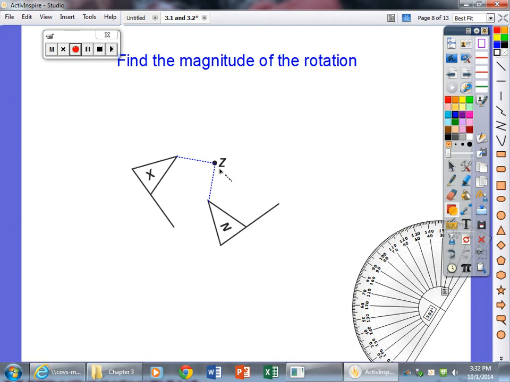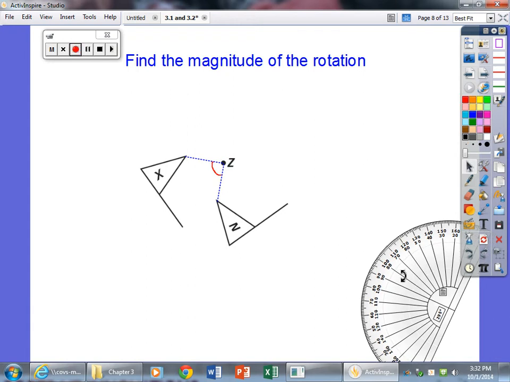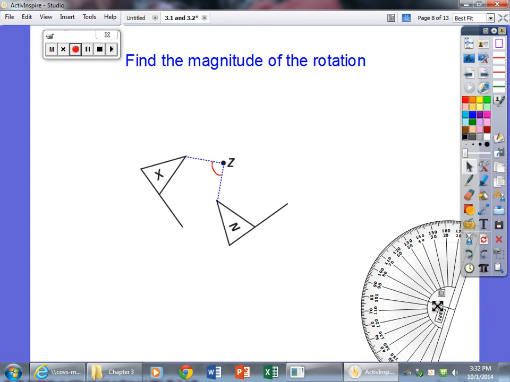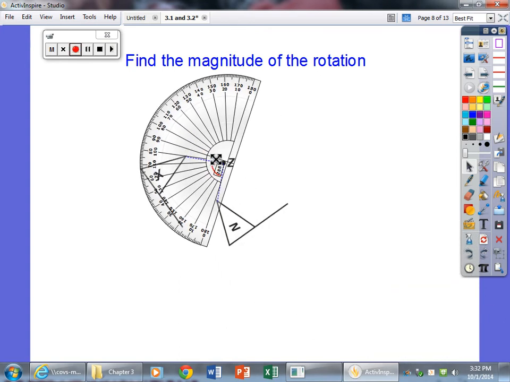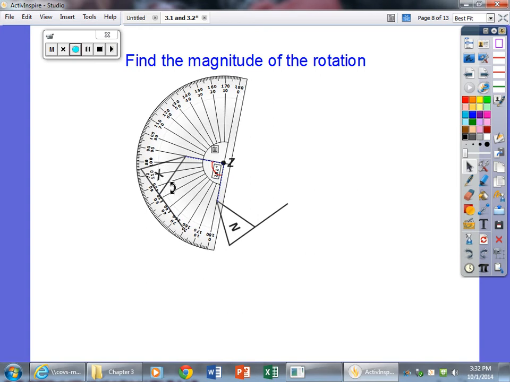Now you notice when I do that, it makes an angle right here. What I'm going to do now is get my protractor, bring it up, and set it up so that I can measure the angle between the two lines I've just drawn in.